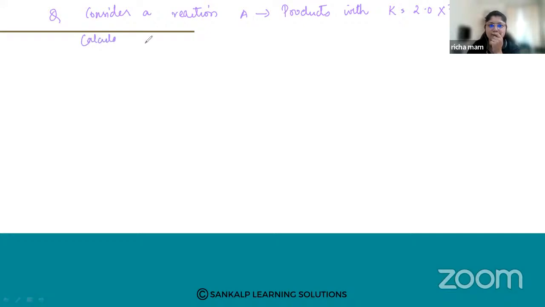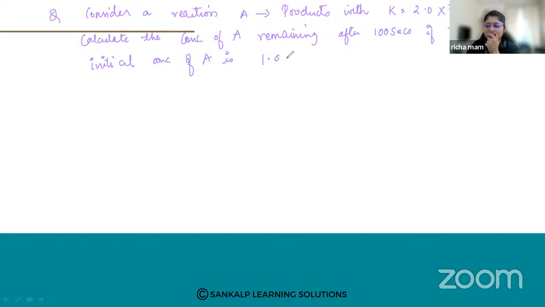Calculate the concentration of A remaining after 100 seconds, if the initial concentration of A is 1 mole per liter.